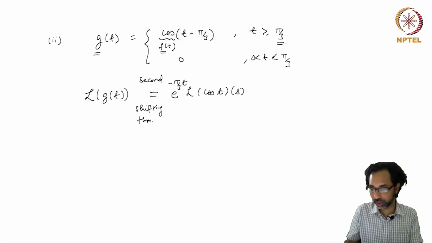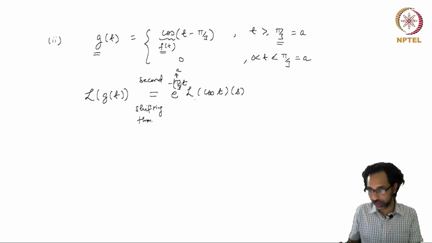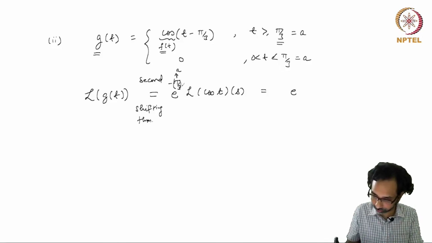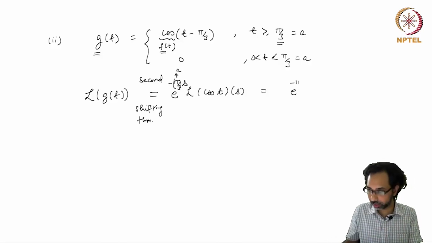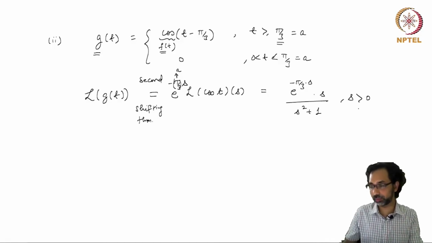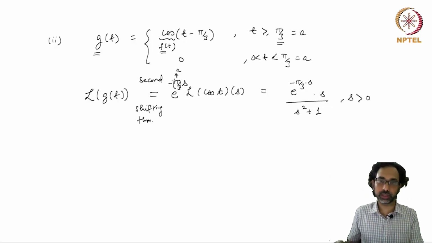So this is the a in the second shifting property, and we know the Laplace transform of cos of t. In the end we get e to the minus pi by 3 times s, times s over s squared plus 1, and here the region of convergence is simply s greater than 0. So we have applied the second shifting property for this example.